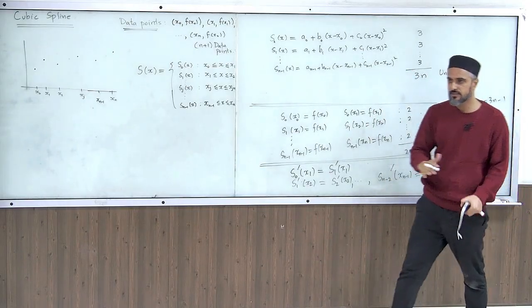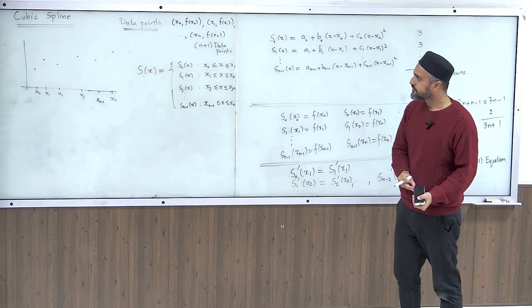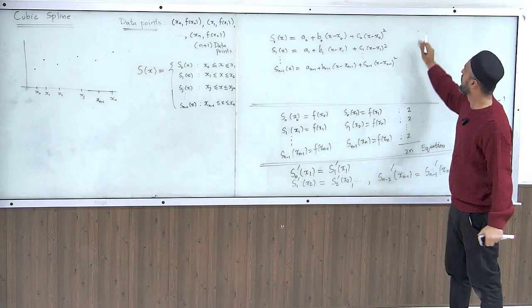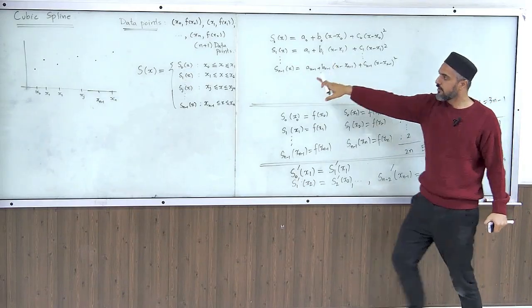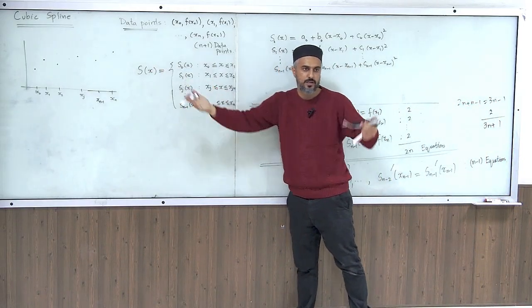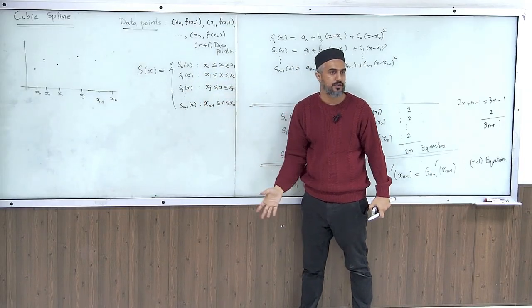We're just raising the order of the polynomial. If this s of x is a cubic, we fit a cubic polynomial, then this s naught, s1, these are all cubic polynomials.